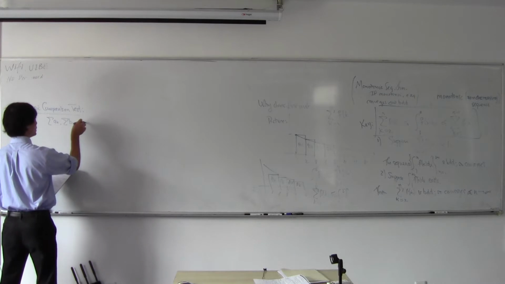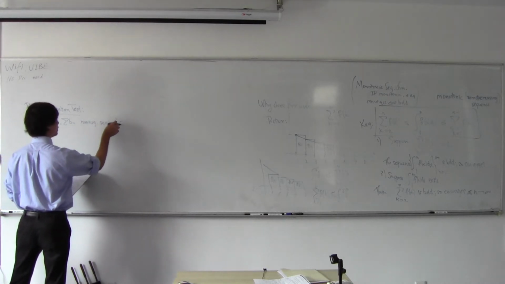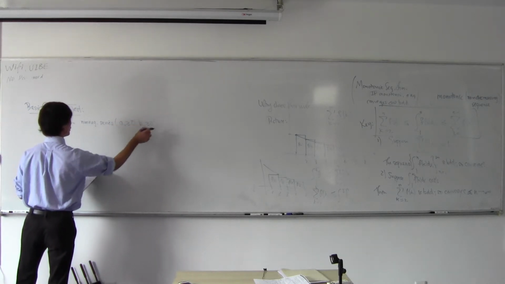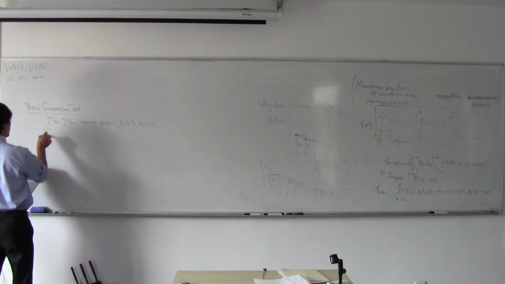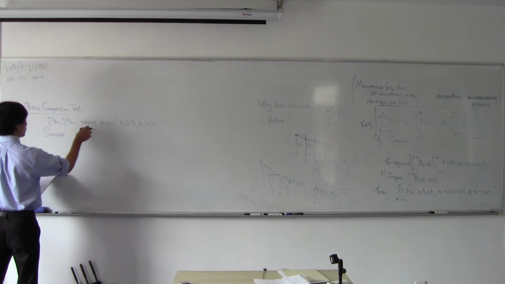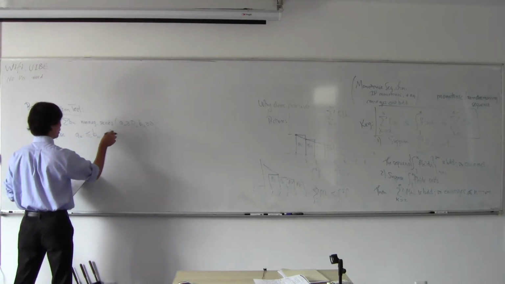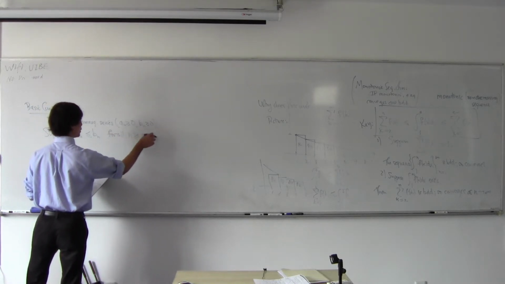These are non-negative series. That is, A sub n is bigger than or equal to 0, and B sub n is bigger than or equal to 0 for all n. Suppose that A sub n is less than or equal to B sub n for all n past some point.